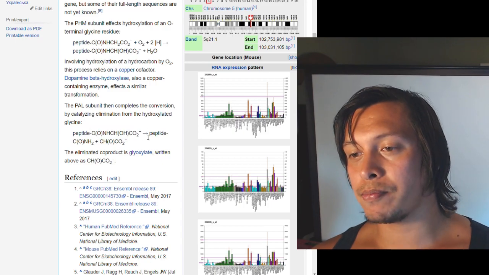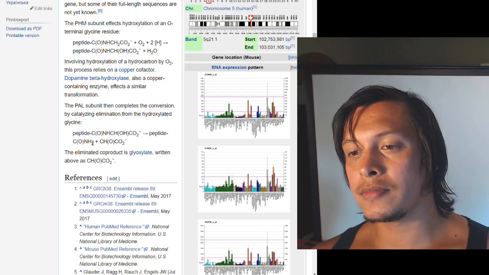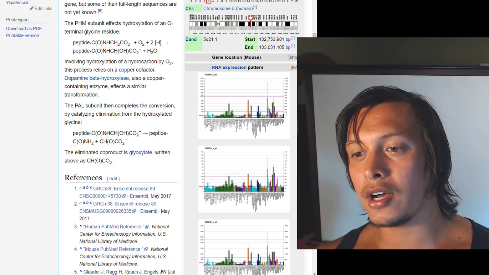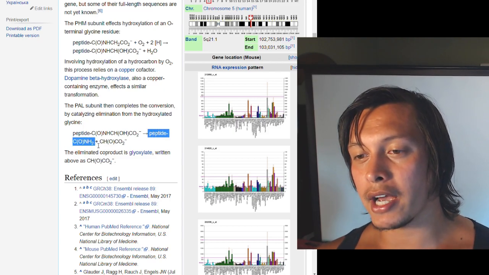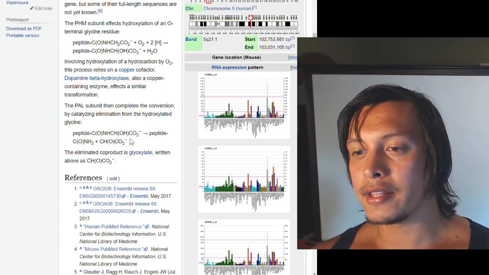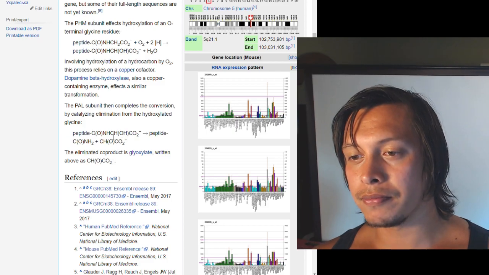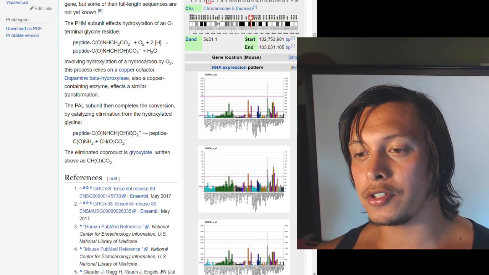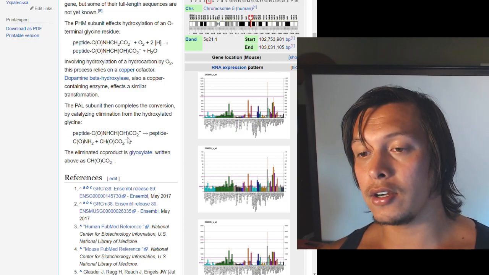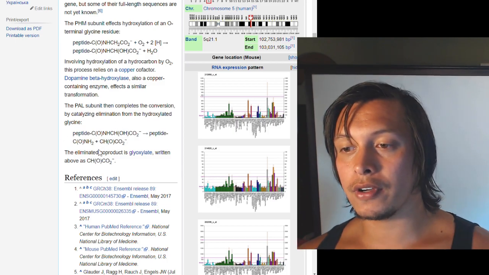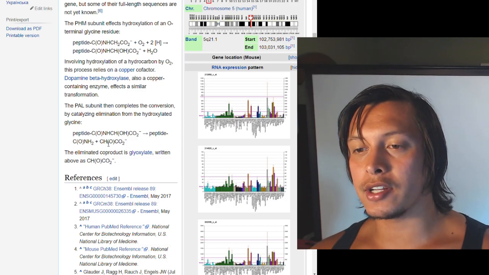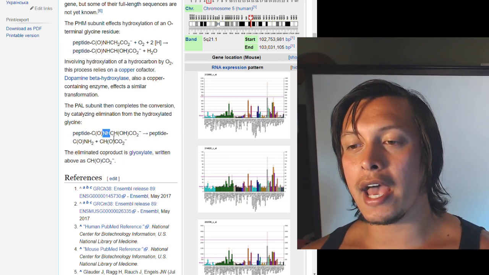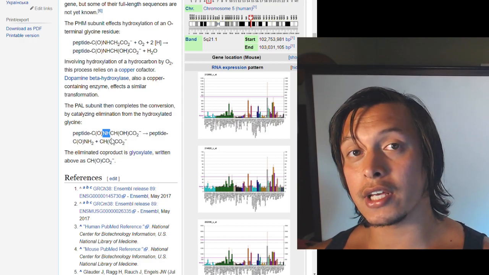It takes this peptide right here, that has the OH on the alpha carbon, and then it uses it to complete the removal of the glycine residue, but it does it in a way that leaves the amino group that was originally a part of the glycine.